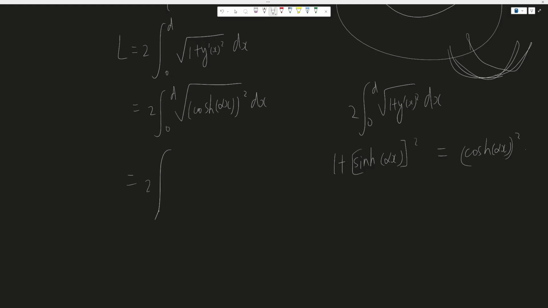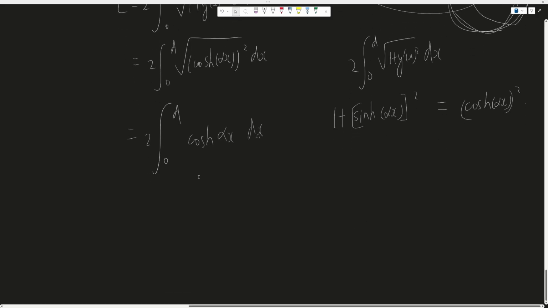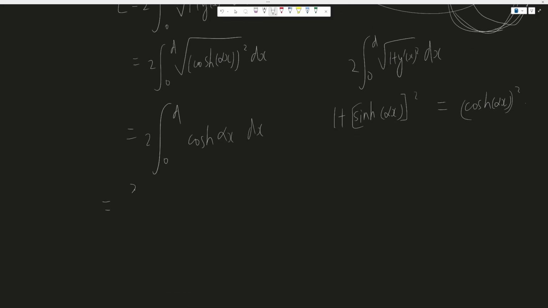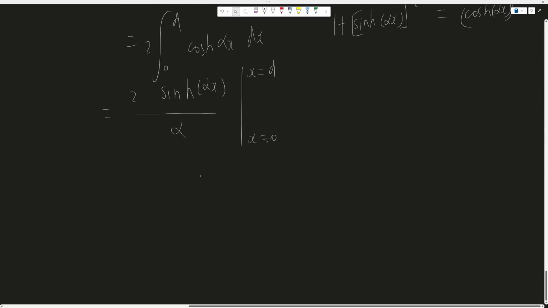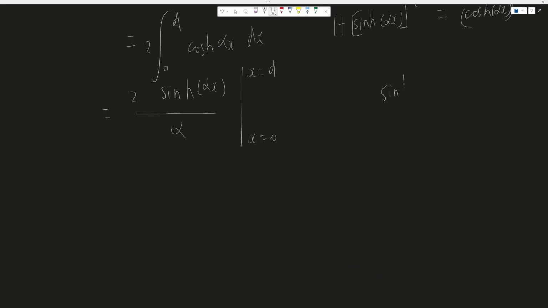And so this becomes 2 times the integral from 0 to d of hyperbolic cosine alpha x dx. And then this basically becomes 2 hyperbolic sine alpha x over alpha, from x equals 0 to x equals d. And because we know that hyperbolic sine of 0 is just 0, it's basically 2 hyperbolic sine alpha d over alpha. And so that is L.